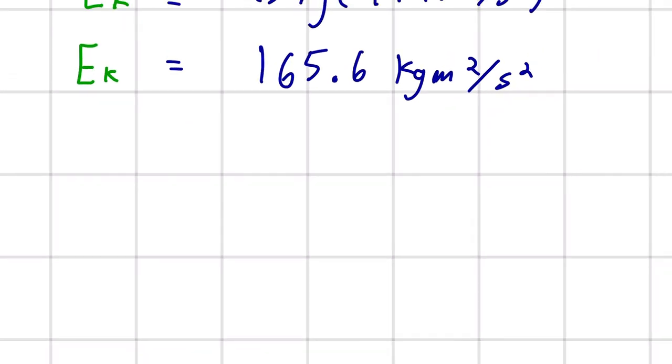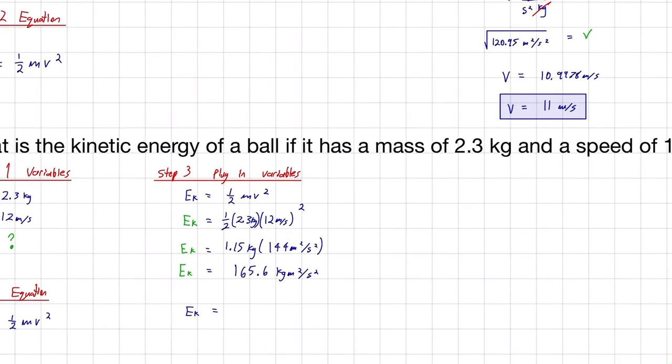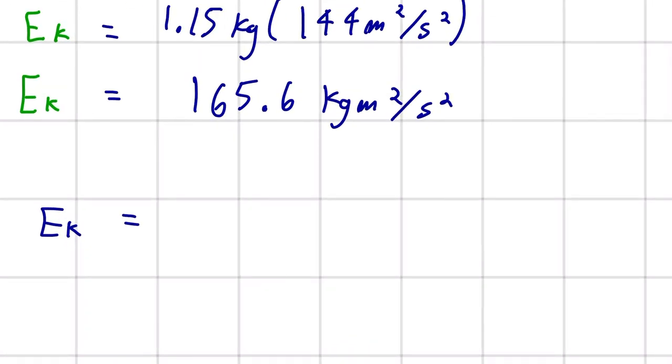So when I'm writing out this final answer, EK is equal to, I want to keep just two significant digits because that's what we're given in the problem. And I'm going to bring this decimal back 2 spots. So it's going to be 1 point, and I'm going to round the 6 to a 7 because the following decimal is a 5.